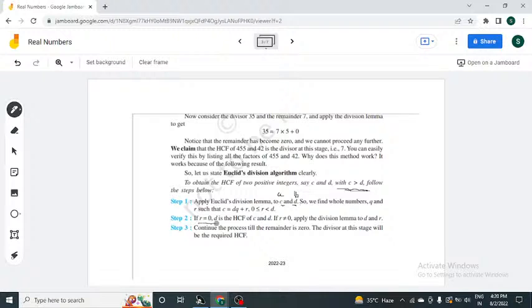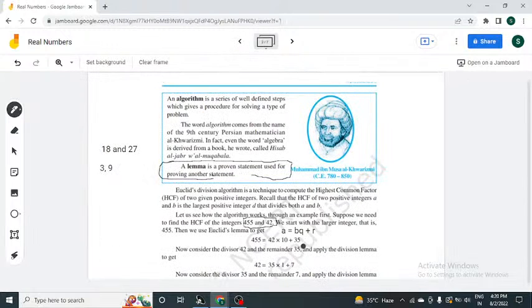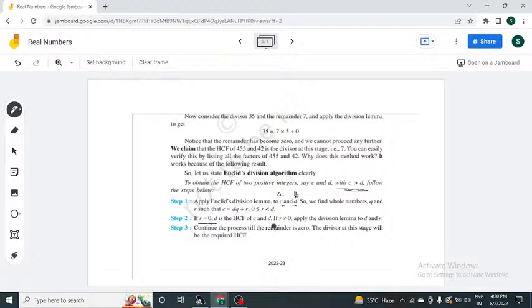Until and unless we are getting R as 0, we have not reached the HCF yet. Here we applied the lemma, but the remainder is 35, it's not 0, so this is not applicable yet.